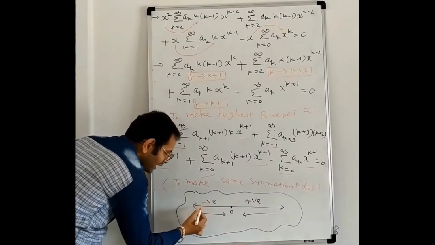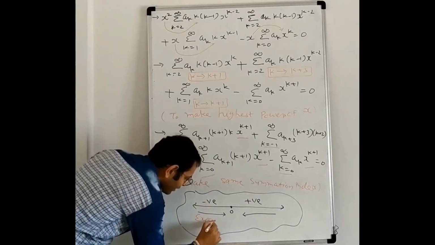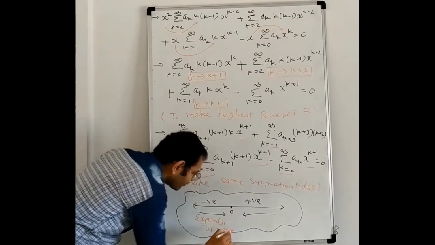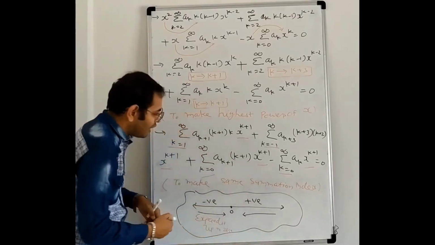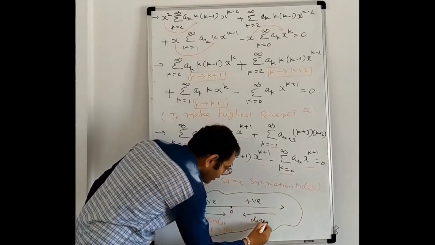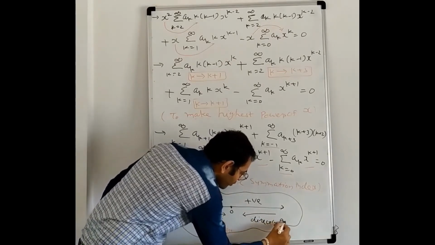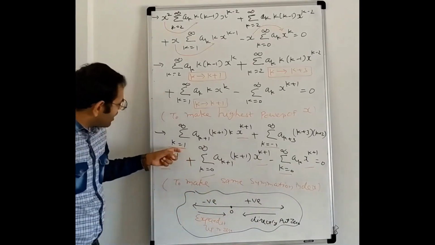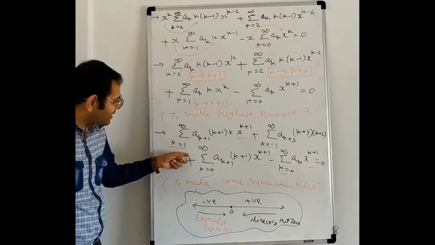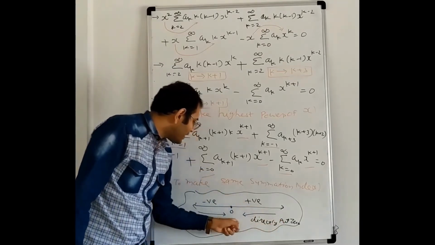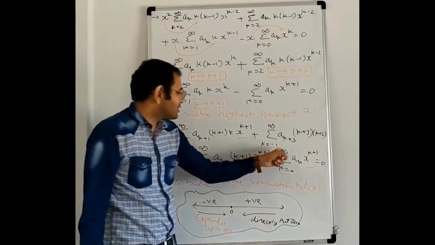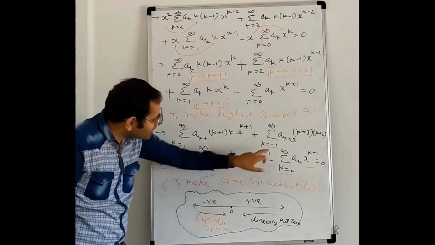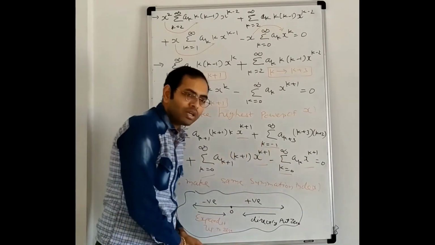If summation index is negative, then expand it up to 0. And if summation index is positive, then we directly put 0. So in this term, first term summation index is 1, which is positive, then we put directly 0, and second term summation index is minus 1, which is negative, then it is expanded up to 0. Clear?